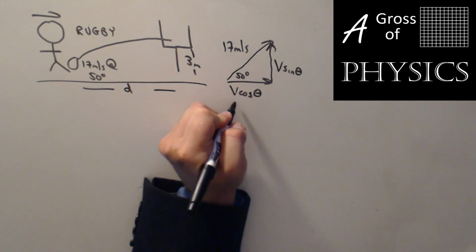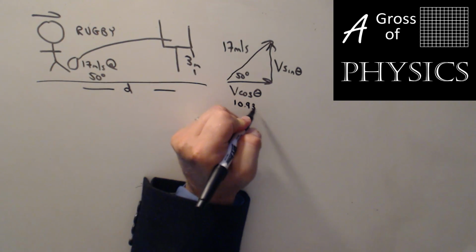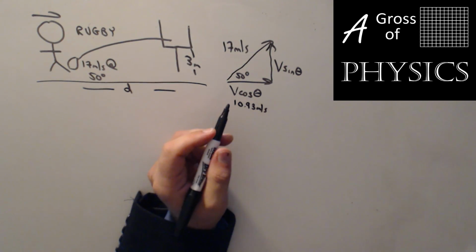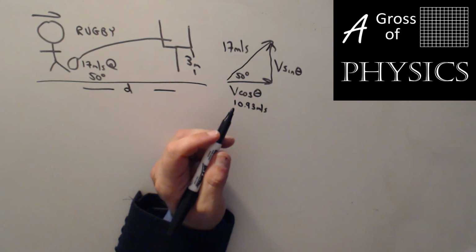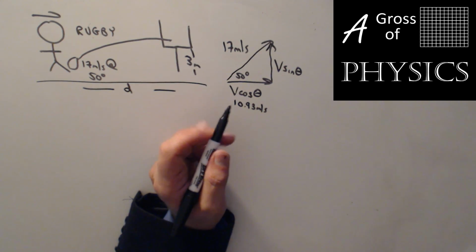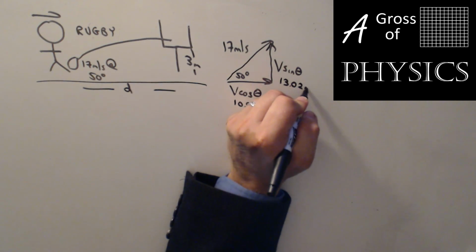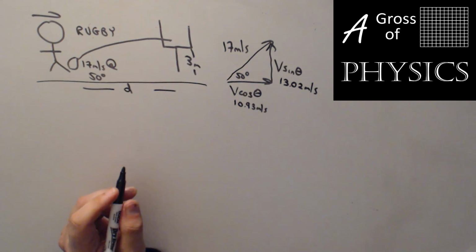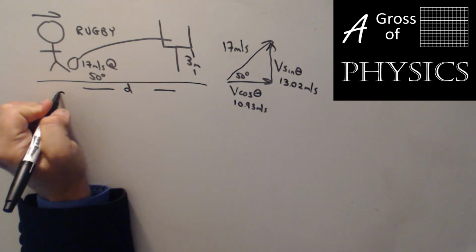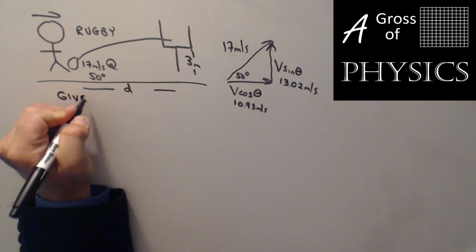We end up with 10.93 meters per second. And if we do 17 times the sine of 50, we should get 13.02 meters per second.